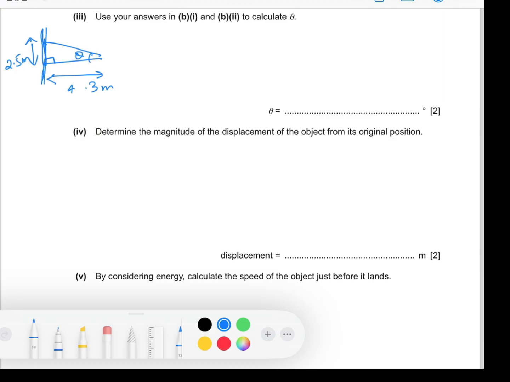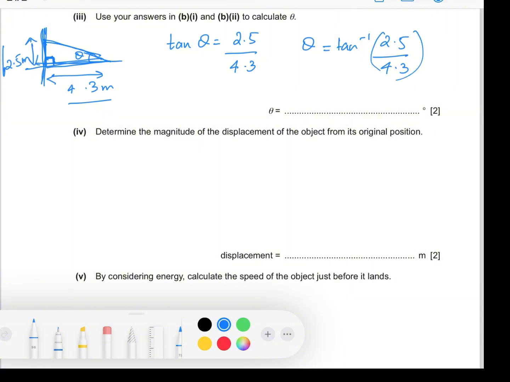When you consider the vertical distance and the horizontal distance, and you want to find the angle between the slope and the horizontal distance, this forms a right angle triangle with adjacent and opposite sides to theta already given to you. That means you can use a trigonometric formula where tan theta is equal to opposite side divided by adjacent side. So theta is tan inverse of that, which will be 30 degrees.